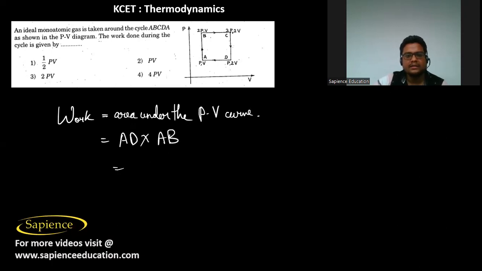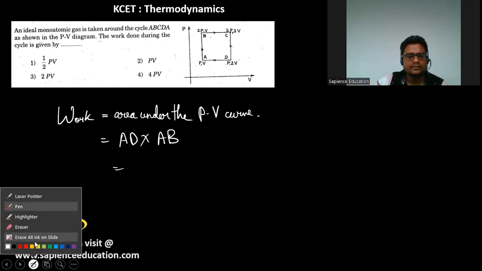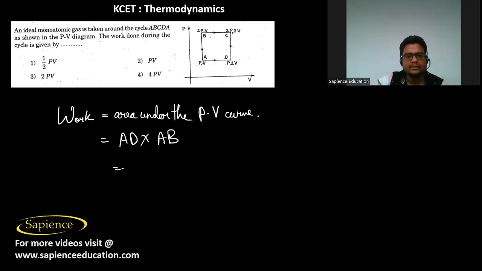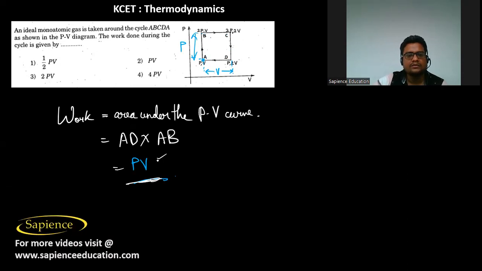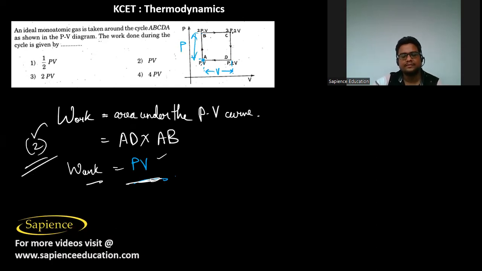Now the length AD, here we can see, starts from the point A. From here to here, the length is 2V minus V, which is V. And from A to B, this length is 2P minus P, which is P. So the area is PV only. So the work done in the cycle is PV. So option 2 is the correct answer.